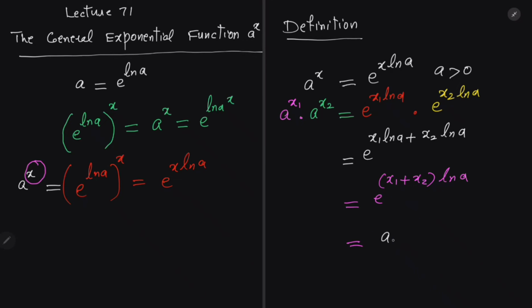So we write it as a raised to power x1 plus x2. So this is the exponent of two functions multiplied together. From here we can simply write, for example, x1 becomes n and x2 becomes minus 1. So we have a raised to n minus 1.